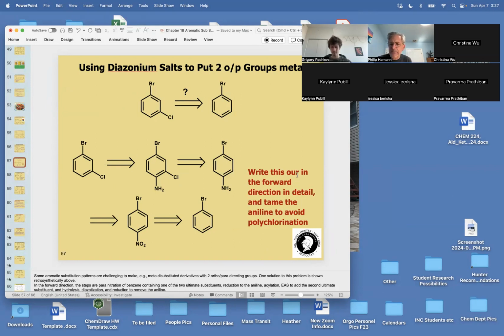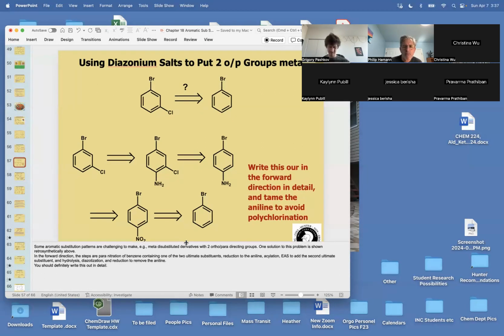Is this the slide you're asking about, Neha? You're talking about my text? There might be a typo in my text. Oh, acylation. What that's referring to is if you chlorinate this aniline, you're going to have a little trouble stopping it from putting in 2 chlorines because it's so reactive.